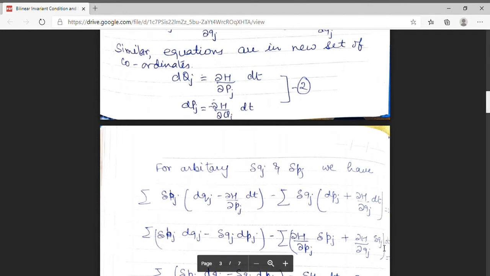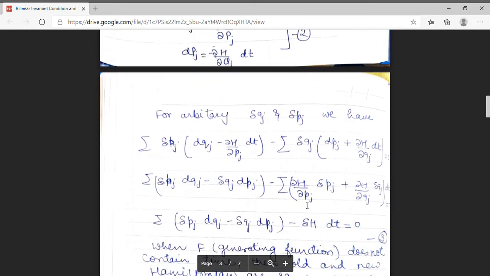Now we can see that in the first term I have the derivative of H with respect to pj, and this is multiplied by del pj. Similarly, the second term is the variation of H with qj and it is multiplied by del qj.